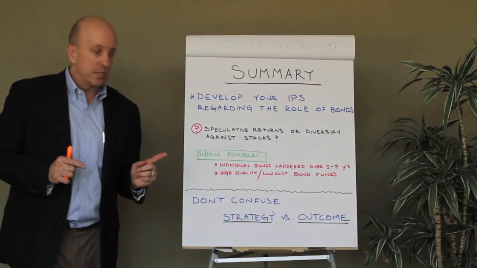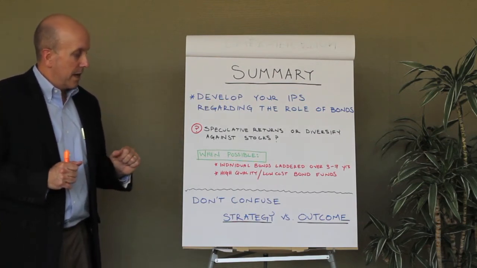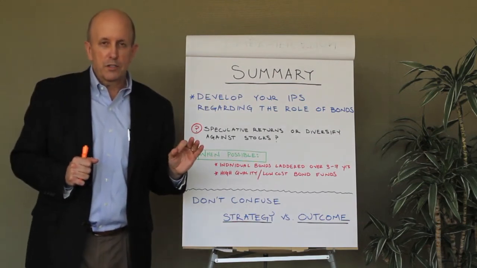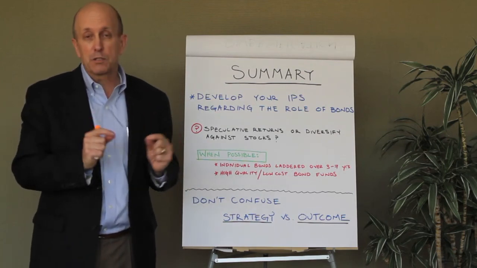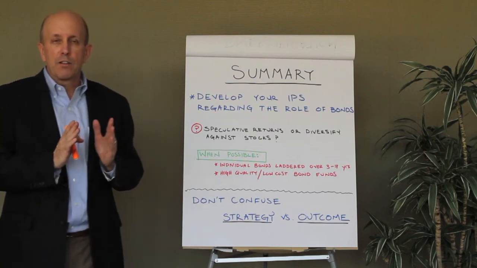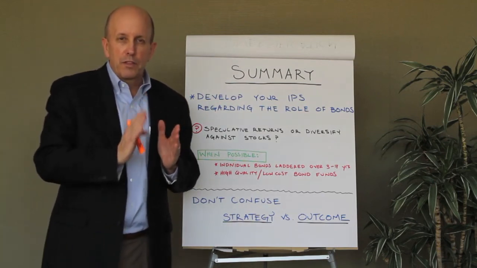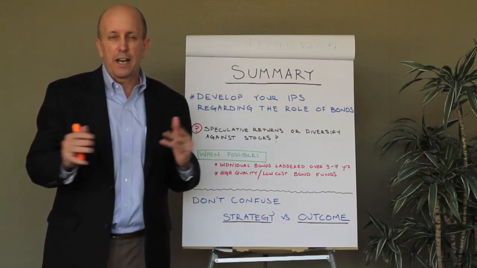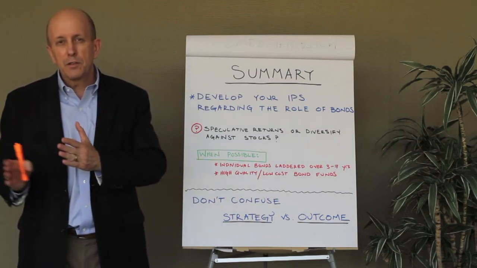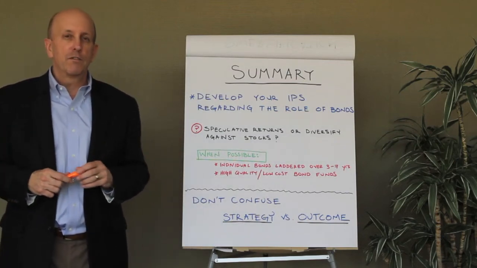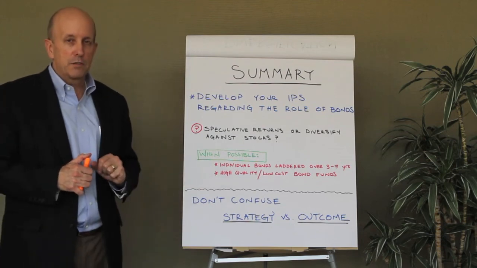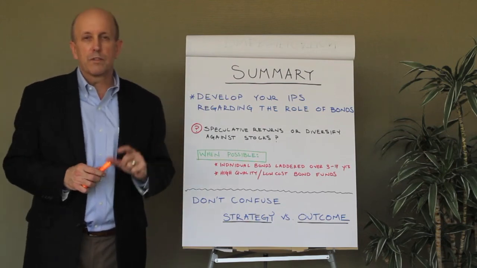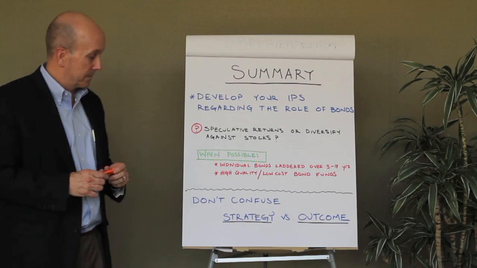So the takeaways are, when possible, we use individual bonds so that they don't have the built-in expense ratio, no matter how small it is, and we ladder those bonds between 3 and 7 years, so that every year something's coming due and we can take advantage of newer interest rates. If we have to use bond funds, we use very high quality bond funds with a very low expense ratio.